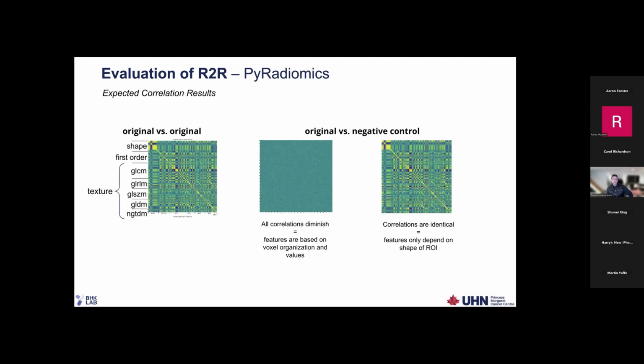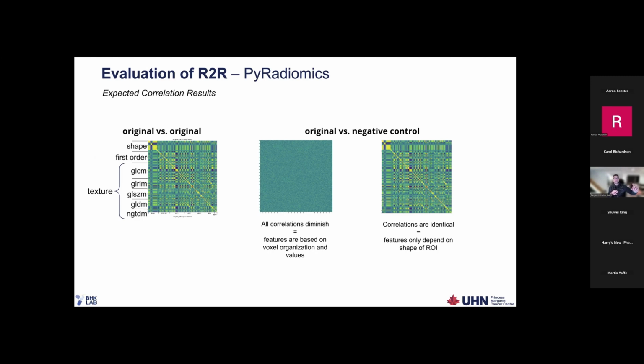The way we did this is we computed the correlation between features before and after randomization. If you look at the feature-feature correlation, the first matrix on the left, you can see a complex inter-feature correlation structure. Some features are very correlated with each other, especially if they're in the same class.